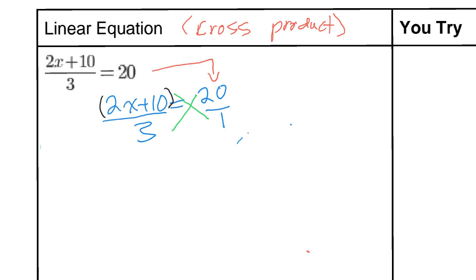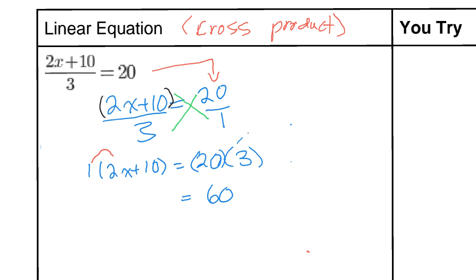All right? So what we end up with is 1 times 2x plus 10 is equal to 20, and then we times that by 3. So 20 times 3 is 60, so we simplify that. But then on the other side of the equation, we're going to take the 1 and multiply it into everything that we had here, exactly what we were doing in the last lesson.